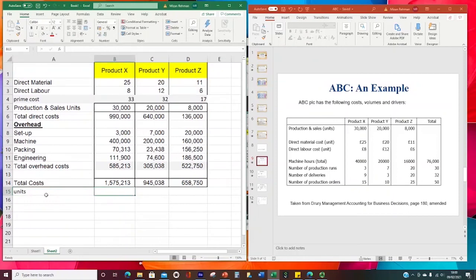So that's why it's a good idea not to multiply first, because it just duplicates the work. Right at the end, you can simply divide by the number of units, and you can get cost per unit. So cost per unit would be divided by number of units, and we get our cost 1575.